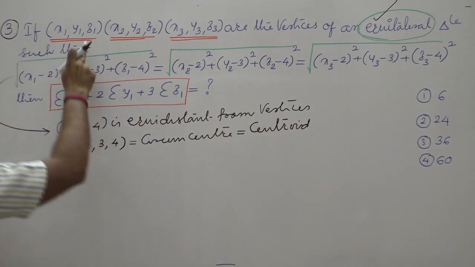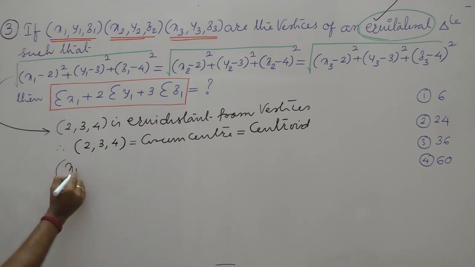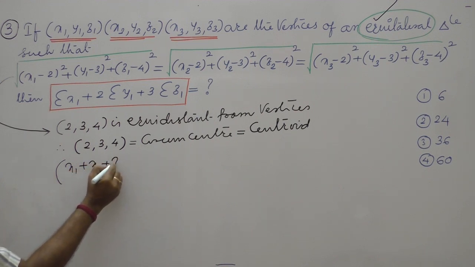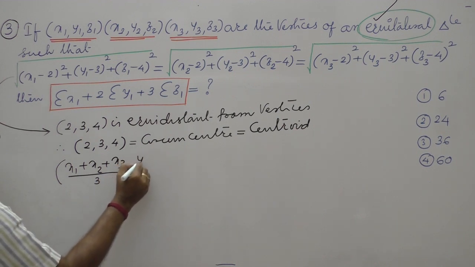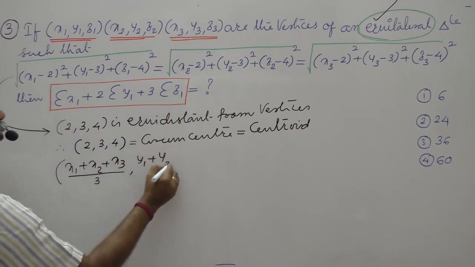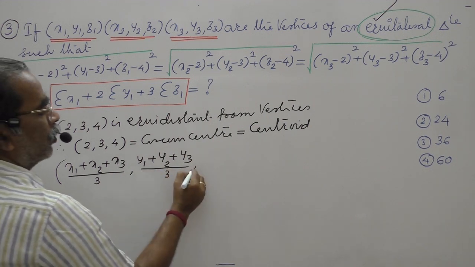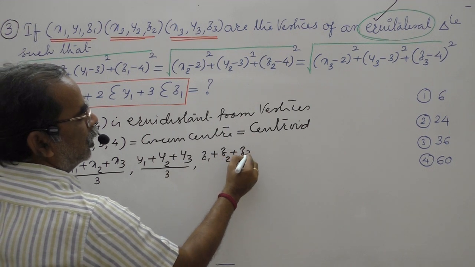So the centroid of the triangle formed by the given points, we will write: the sum of x coordinates, (x1 plus x2 plus x3) by 3, and (y1 plus y2 plus y3) by 3, and (z1 plus z2 plus z3) by 3.